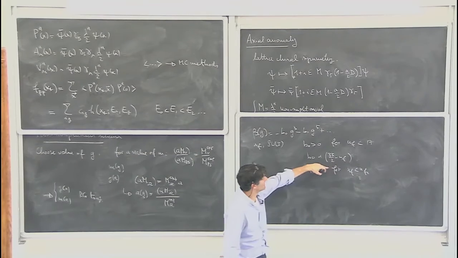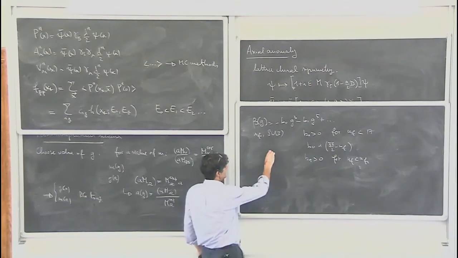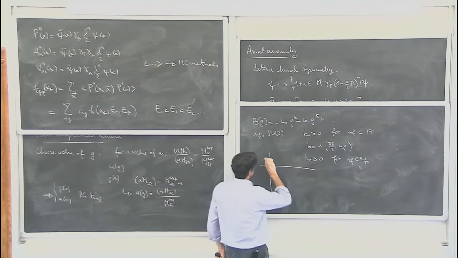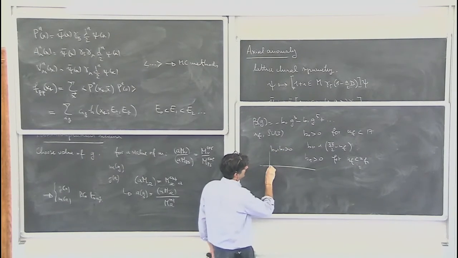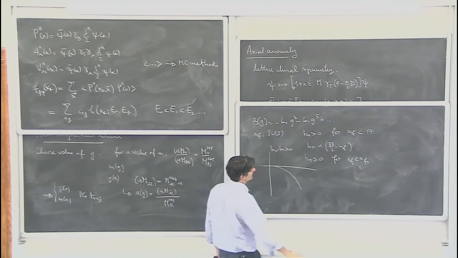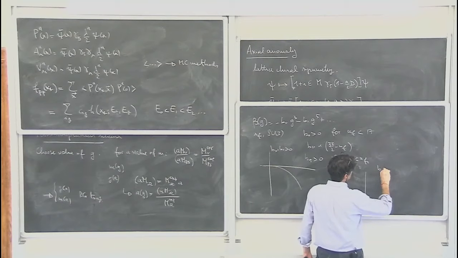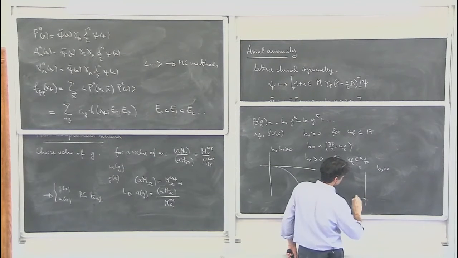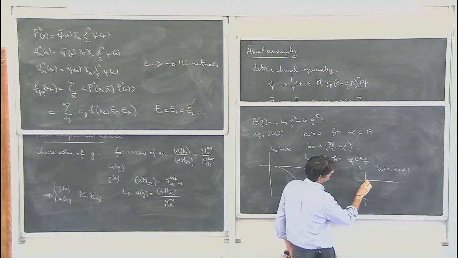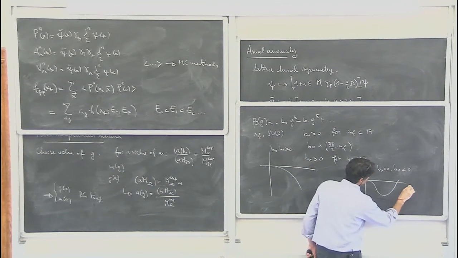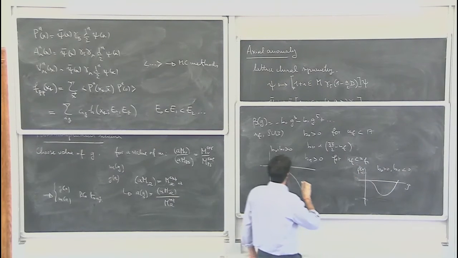So there is a window in the number of flavors where, if b0 and b1 are both positive, the beta function looks like that, but there is a window where b0 is still positive, but b1 becomes negative, and then the beta function looks like this.